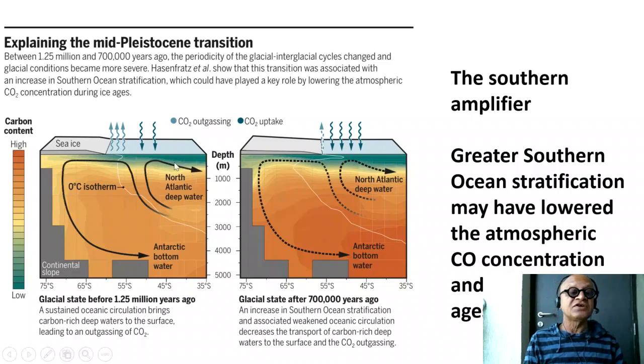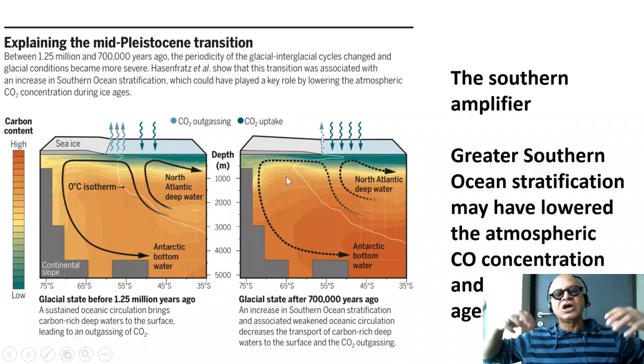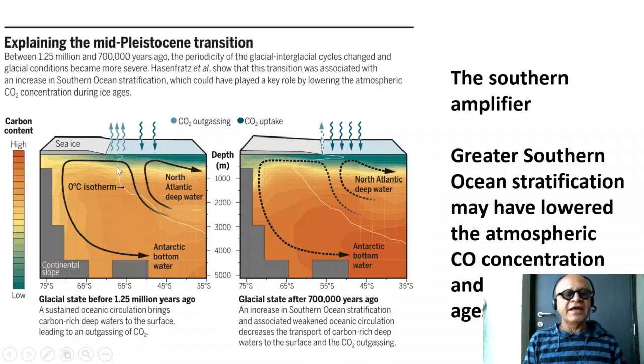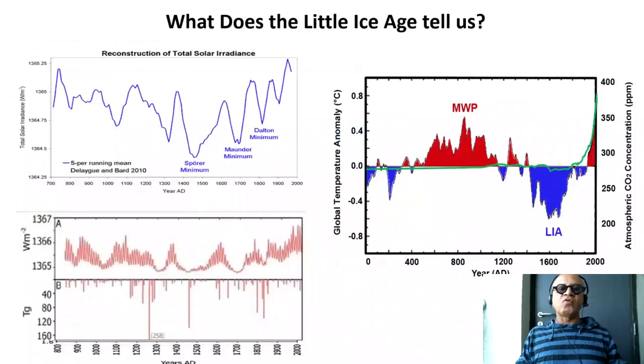So obviously these are speculations, but this is again showing how glaciation would have changed the ventilation of the ocean and the CO2 uptake itself. Okay, so you would have changed the circulation, and this also relates to the shifts in the polar front, subantarctic front, and the subtropical front, which I think is one of the favorite ideas of Robbie Toggweiler.